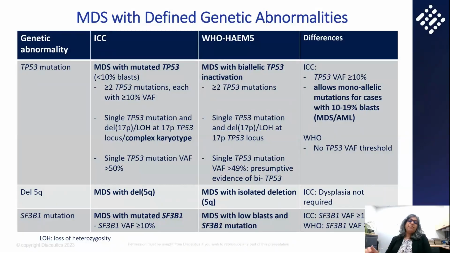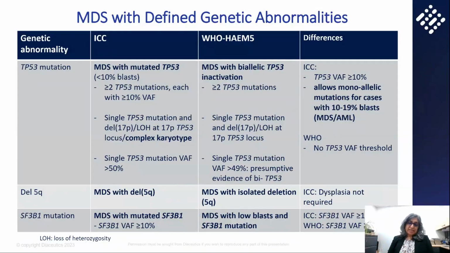The next is if you have just a single TP53 mutation, you can still get to this diagnosis if there is deletion in 17p or loss of heterozygosity at the 17p TP53 locus, which is also included in the WHO classification.